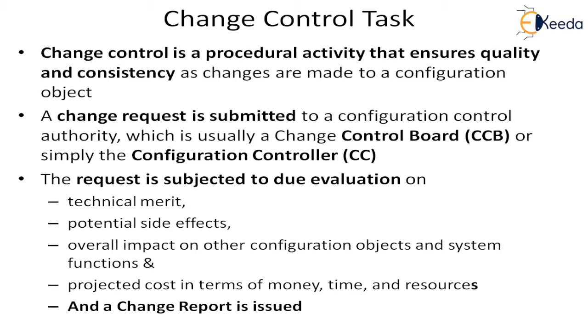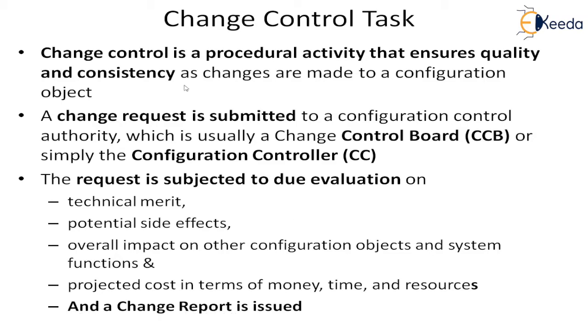Then this request will go for an evaluation. So there will be an evaluation committee which will evaluate it. What will be the criteria of evaluation? They have to see the technical merit. They have to see if any side effect is there. What is the overall impact on other configuration items, objects which are already released, system functions, and what is the projected cost in terms of money, time, and resources, and a change report is issued.